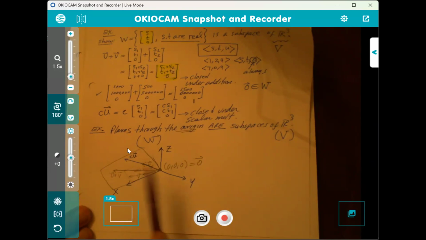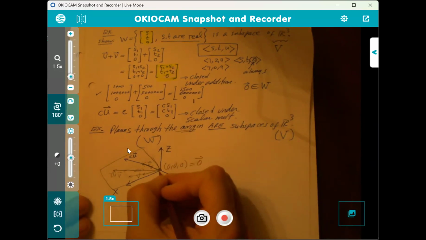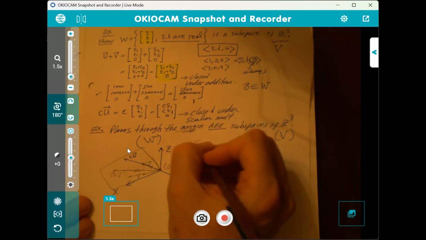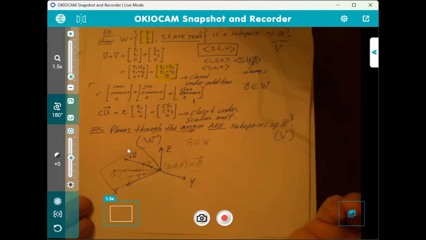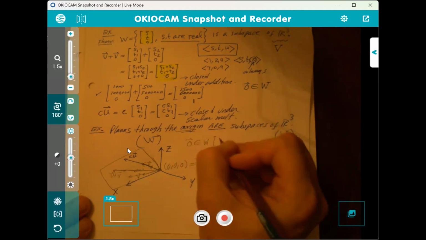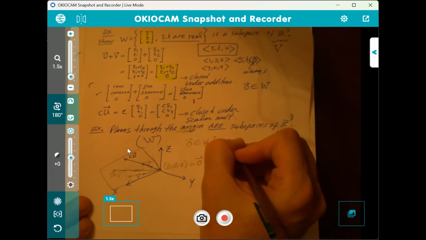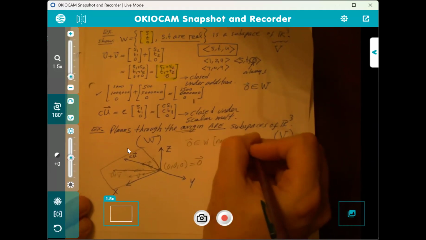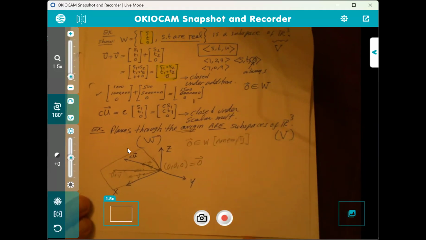That means this subspace is non-empty because at least I can have a zero vector, right? 0 is in W. Zero vector, that is. And then I just showed you it's closed under addition and scalar multiplication. Geometrically, I showed that one, right?